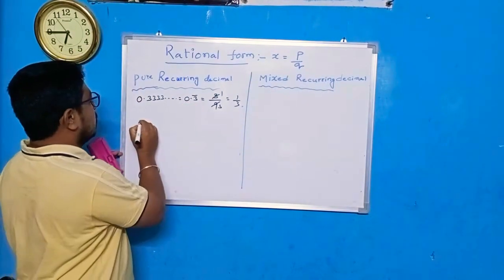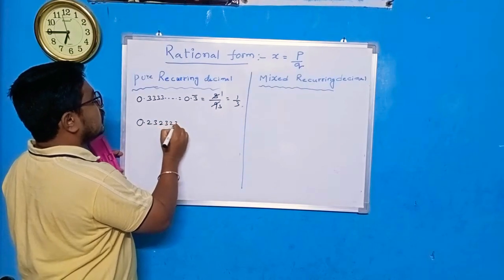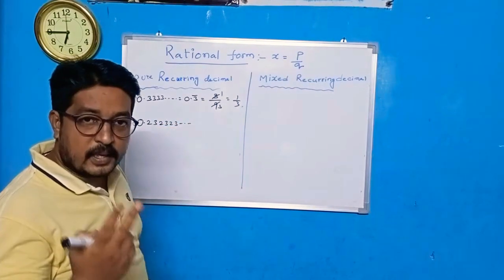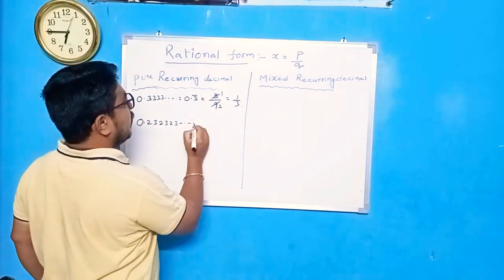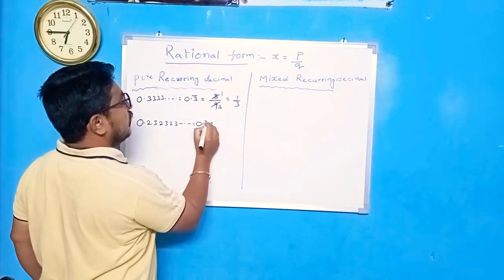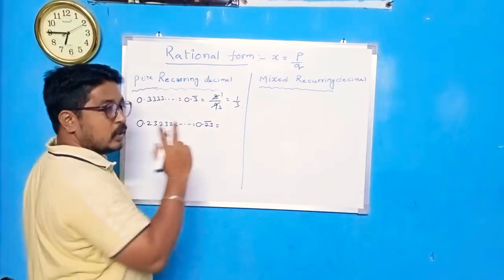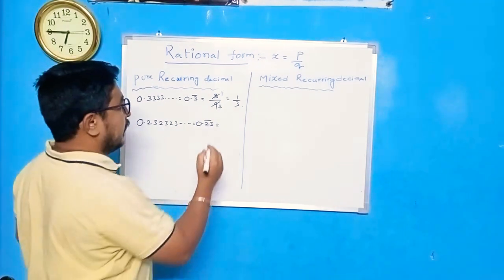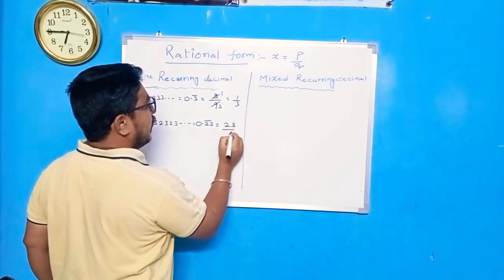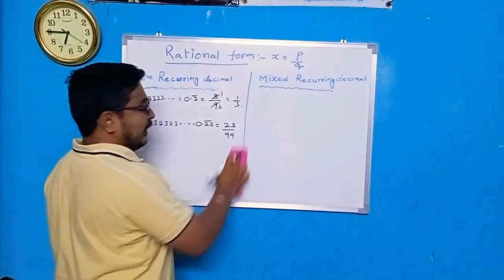Now go for this: 0.23. See here, 2 digits are recurring, that is the period is 23. So we can write here 0.23 bar. It is a pure recurring decimal. So 23 is 2 digits. Write the denominator as 2 nines. That is, write here 23 by 99, 2 digits.